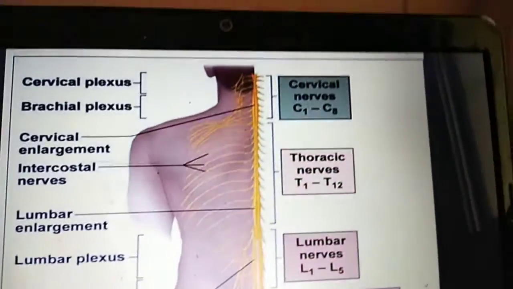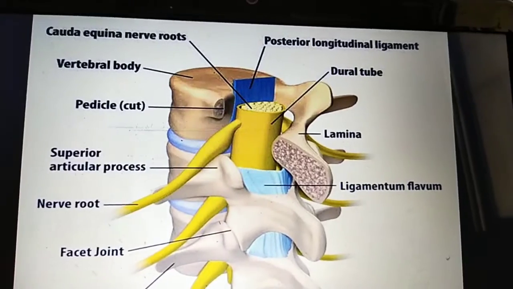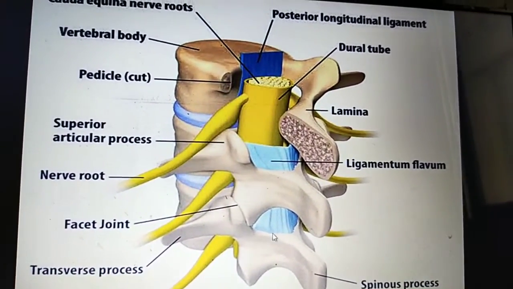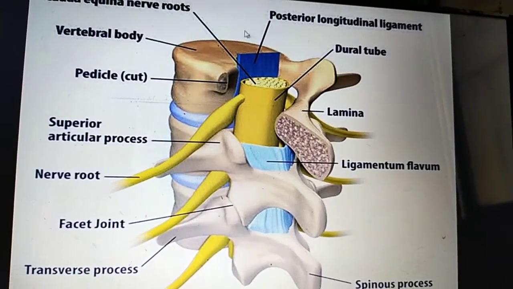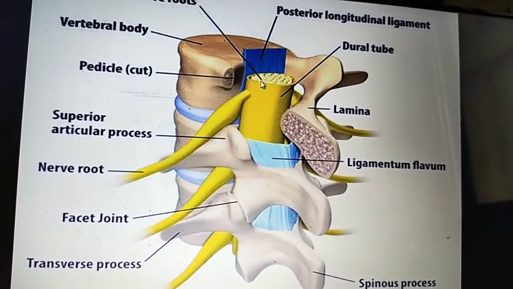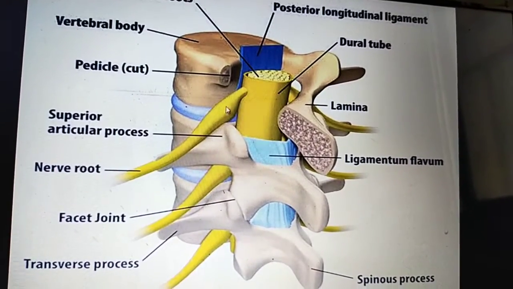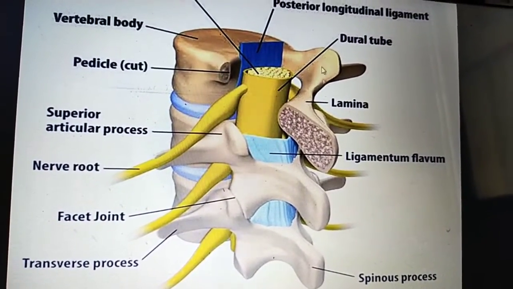Okay, go to the next slide. In this, this is the central canal, this is the vertebra. The spinal cord is present in the central canal formed by the vertebrae.